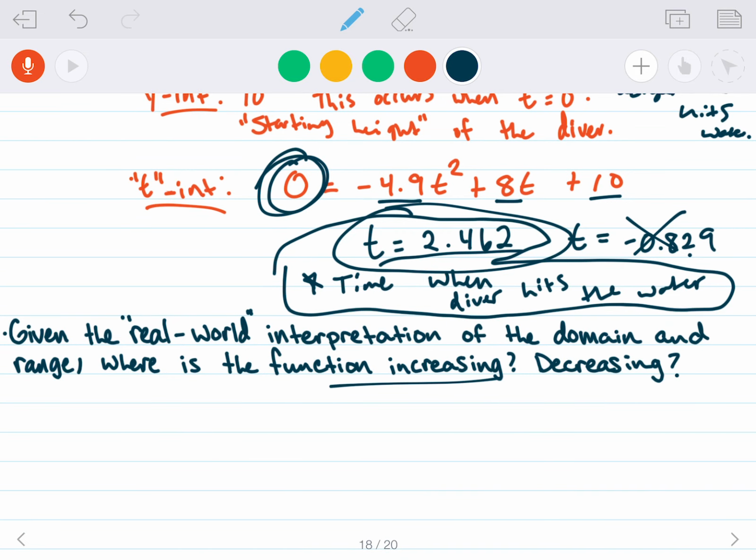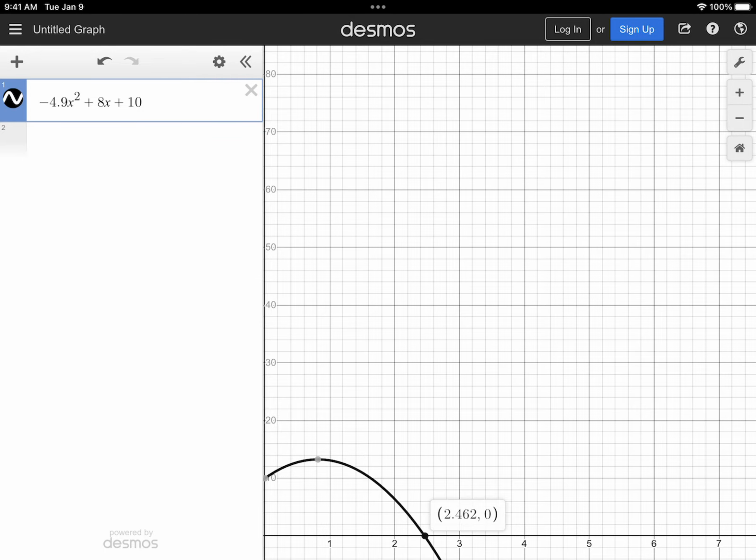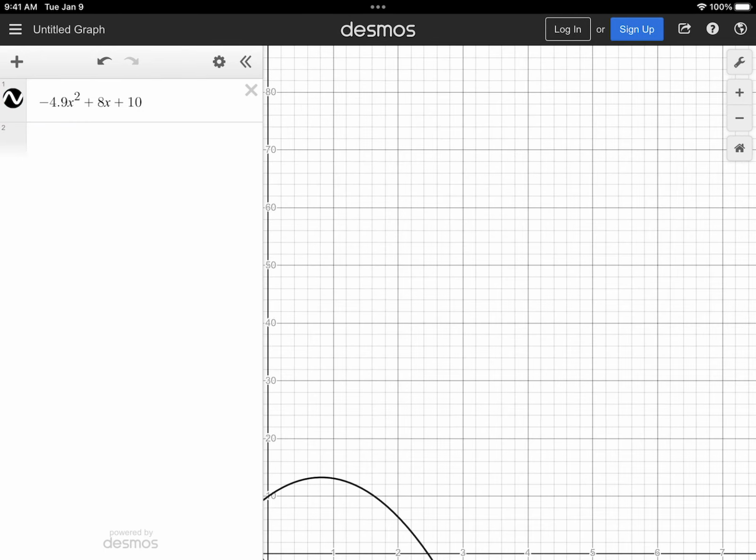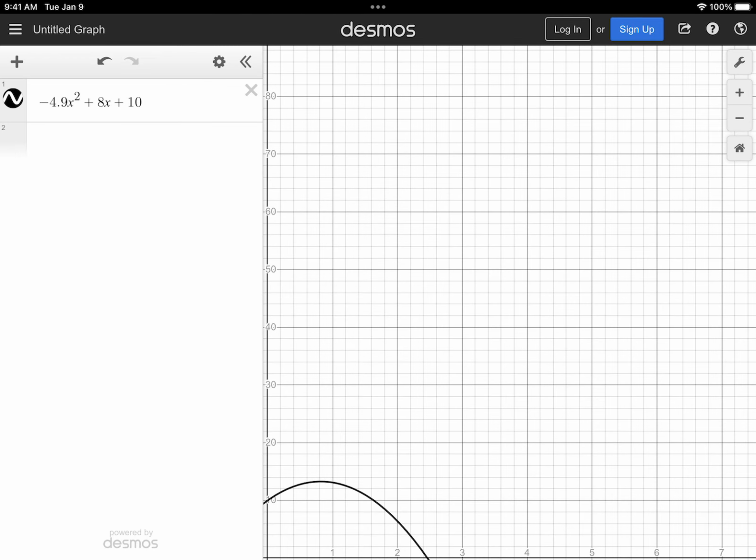Where is it increasing and where is it decreasing? So remember, when we talk about increasing and decreasing, we talk about the x interval, the time interval. So we're increasing from time equals what to what? Well, remember, we're talking real world, so we're restricting our picture to just this piece.